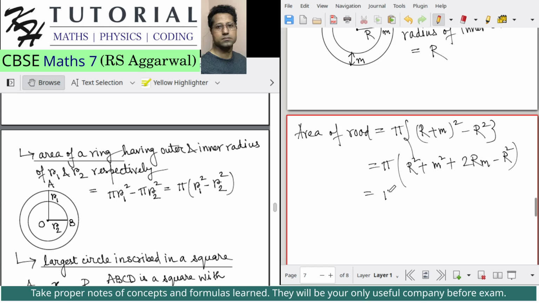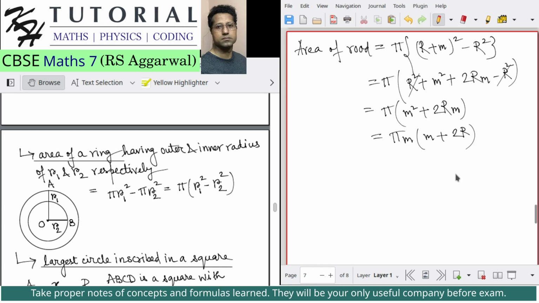So this is equal to pi, R square cancels out, and we have m square plus twice R m. If I take out m as common, this is pi m into (m plus twice R). So this is the area of the road, that is pi m into (m plus twice R).